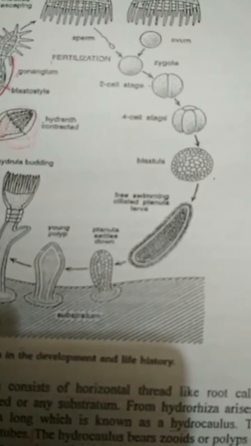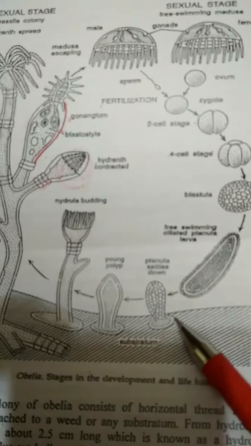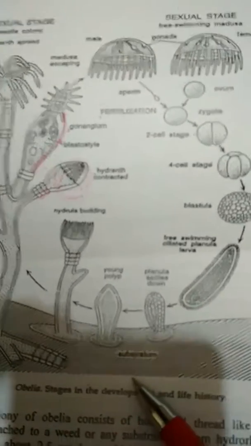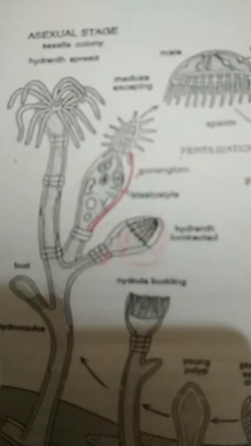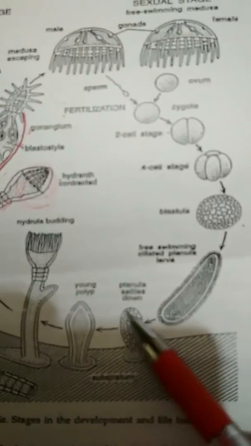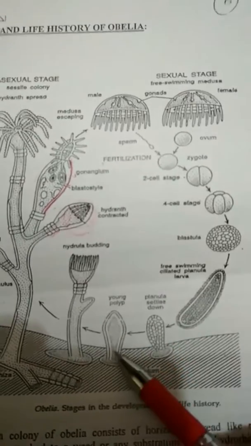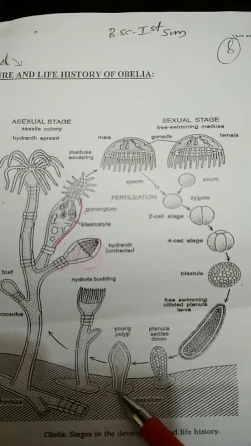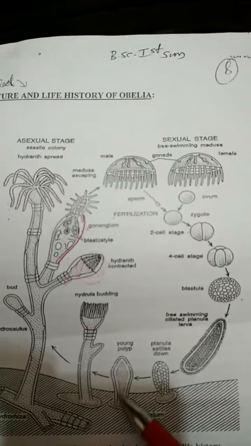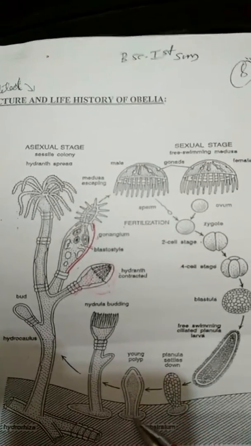Next, the planula larva attaches to the substratum and forms a basal structure to attach to it. Here the planula settling is seen, and when it attaches, it starts developing like the polyp itself.